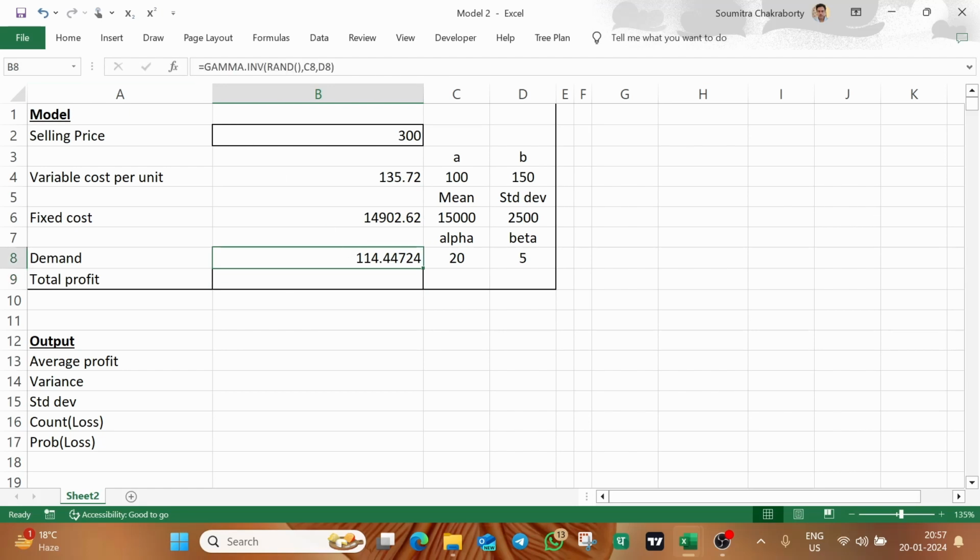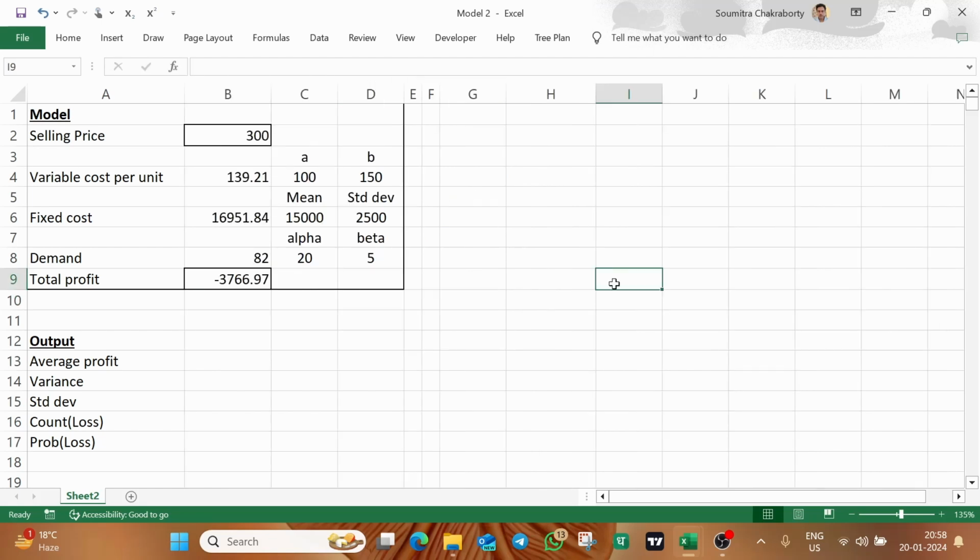Again we need to convert this to integer, and so we will keep this entire gamma inverse expression within the int command, so that the actual output returned is an integer, and therefore we will calculate the total profit, which is nothing but selling price minus unit variable cost into the demand minus the fixed cost. So this is your total profit, right?